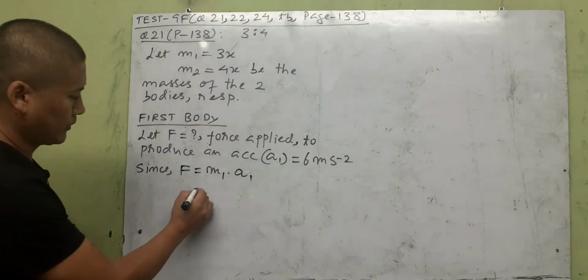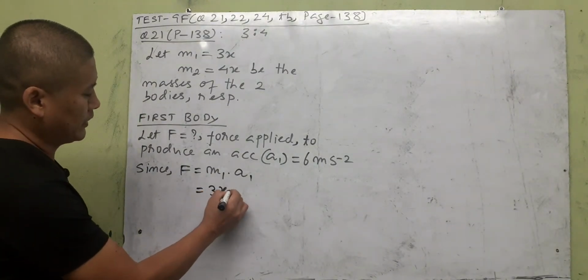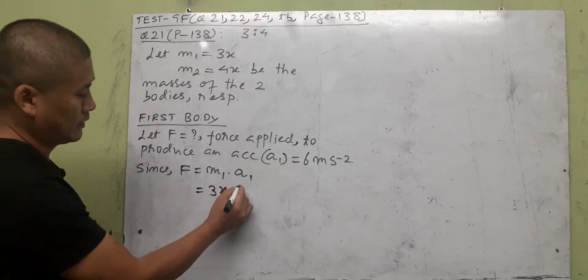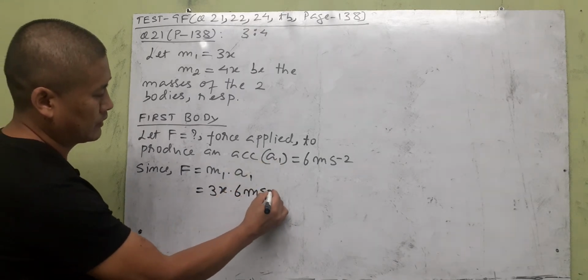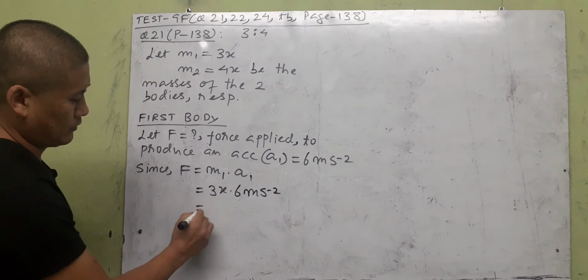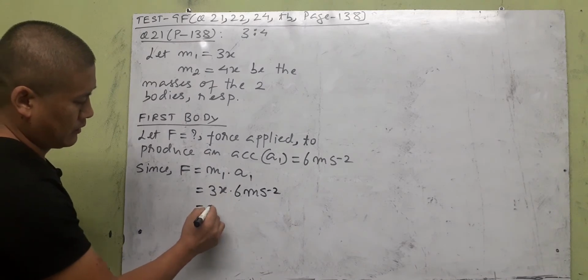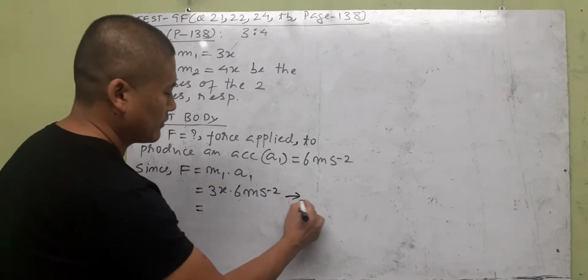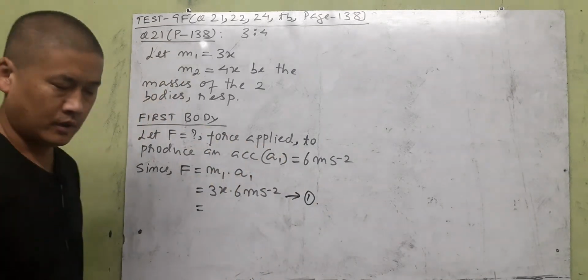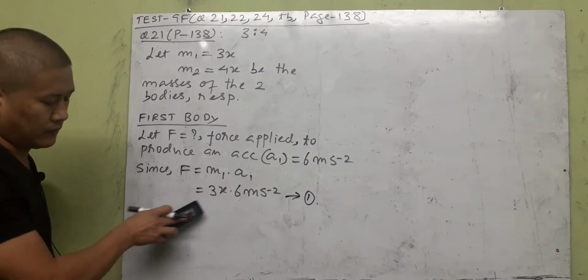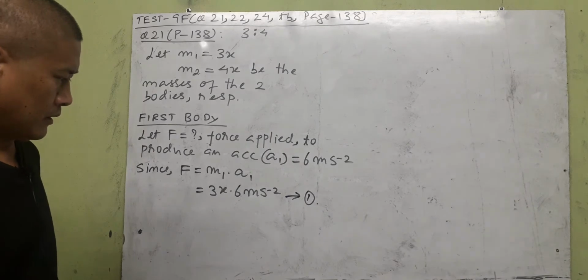So this will be 3x into 6 meters per second square. You can just keep it like that, we don't need to bother to multiply anything.